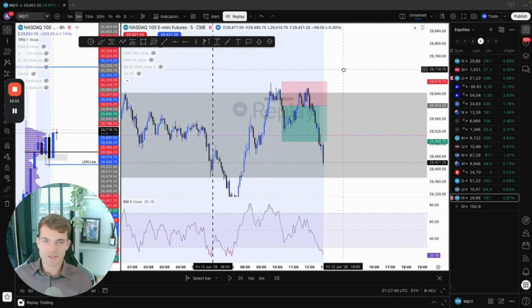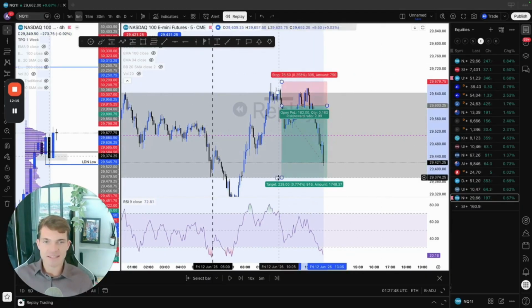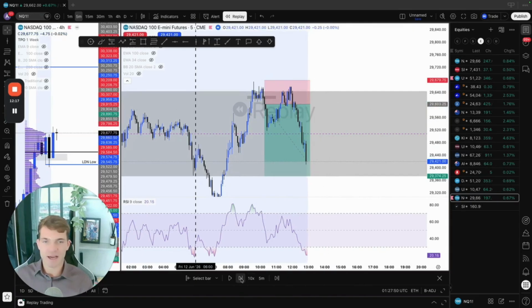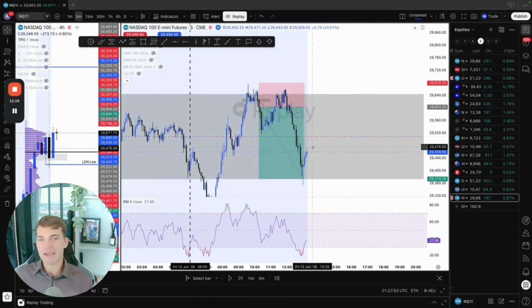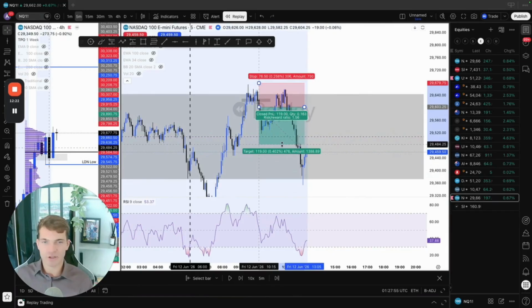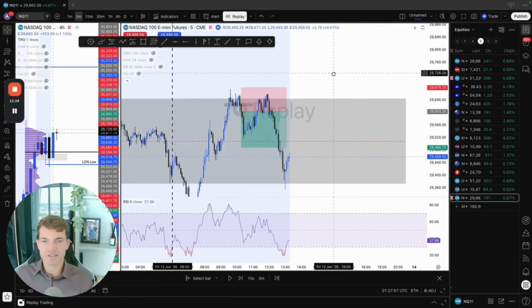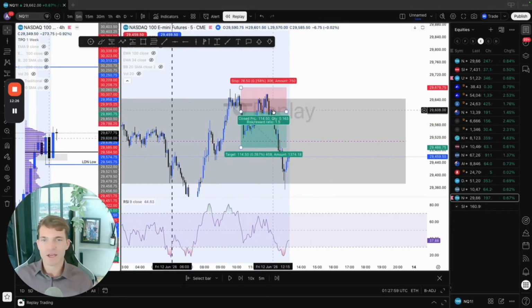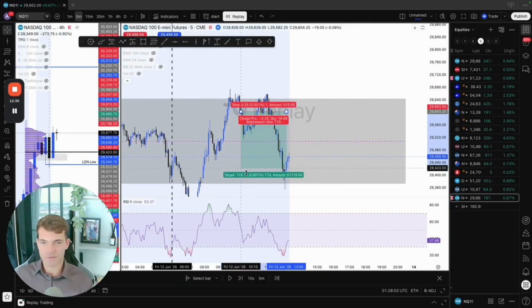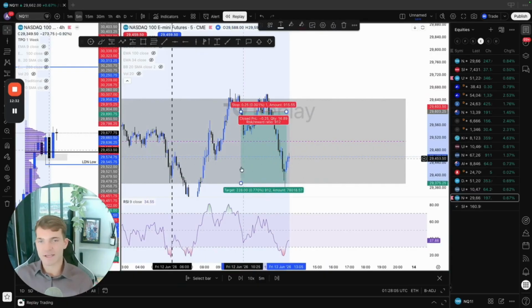Now, if you want, there is a variation that you can add to this. You can add a second target which goes back down to the bottom of the box. Now, if you're trading it in this variation, once you've hit that first target of the 1.5R, you want to be moving this stop loss down to break even and taking your risk off the table for that second target.